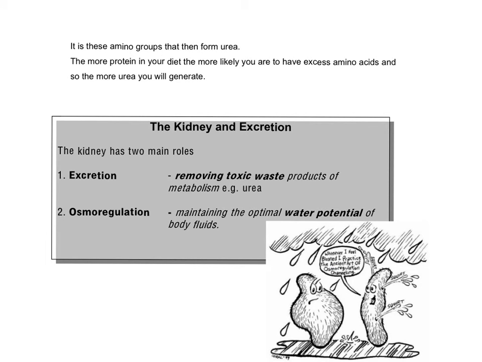So in summary, the two main jobs are excretion, removal of toxic waste, urea. Now we will mention another one in class called creatinine, and then a big part of this topic will be about osmoregulation, where depending on whether you drink a lot or you drink little, you have to regulate, control, maintain the water potential of body fluids.